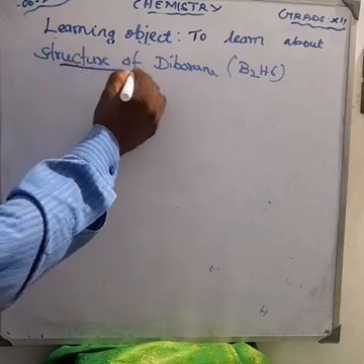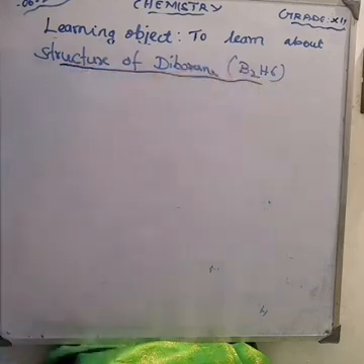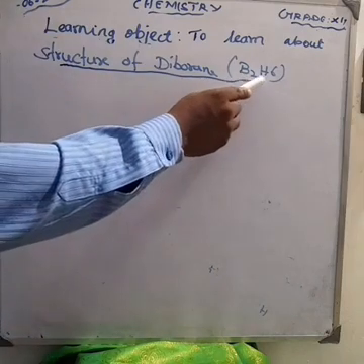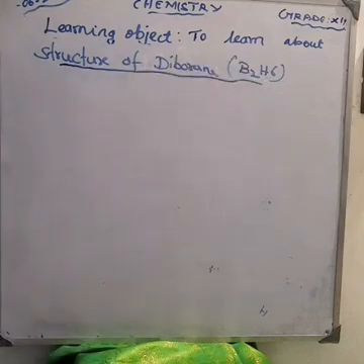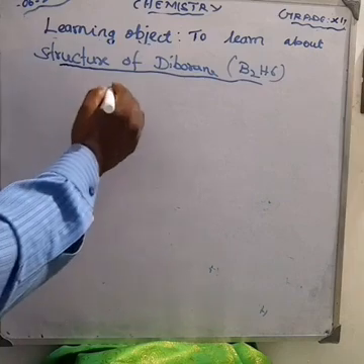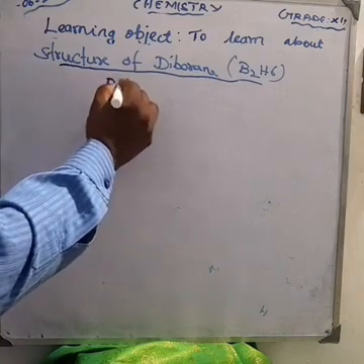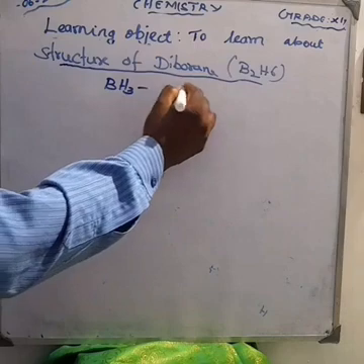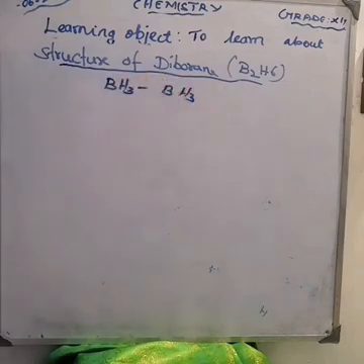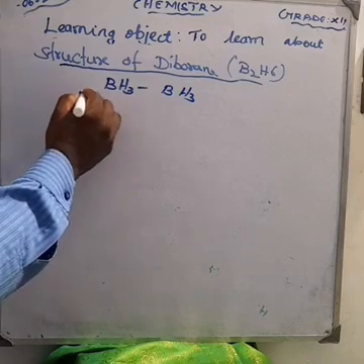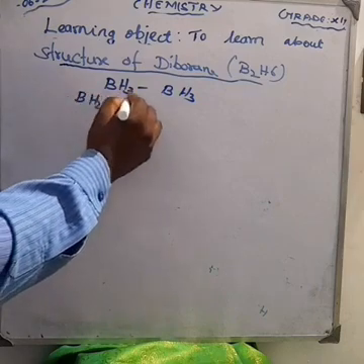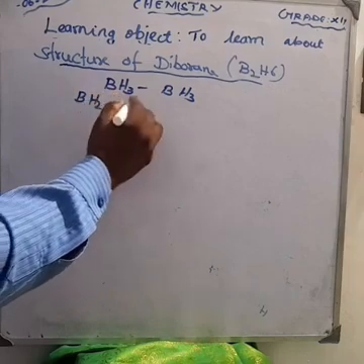Today we can discuss the structure of Diborane. What is the formula of Diborane? B2H6. This is the formula of Diborane. This can be written as BH3, or otherwise as BH2H.